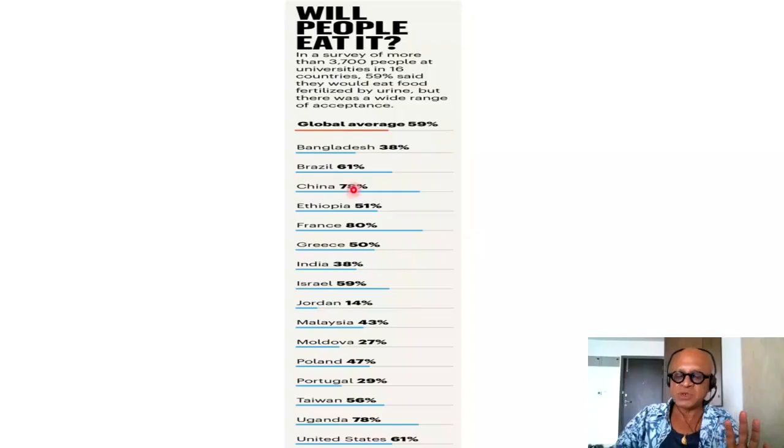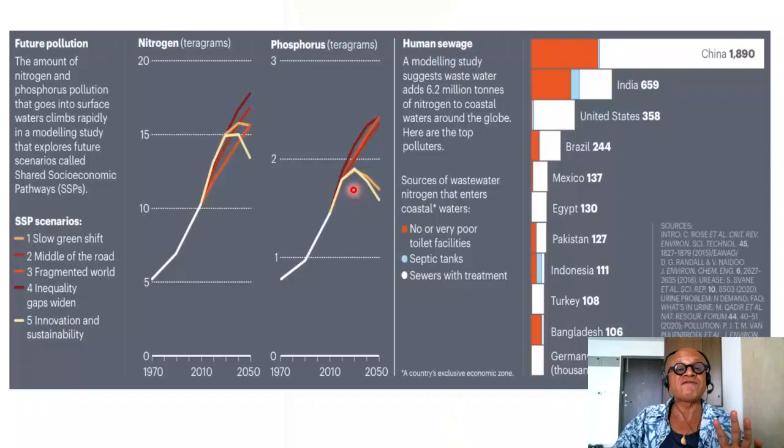So on average, in fact, in countries like India, there is a lot of illegal use of wastewater for irrigation of certain leafy vegetables.